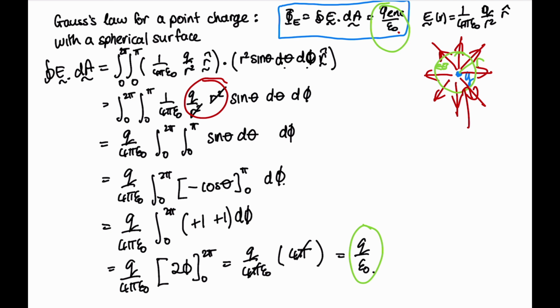So that tells us that it really doesn't matter where in our sphere the charge is, because the flux doesn't depend upon that distance. And so because this is true for a single point charge and it doesn't matter where the point charge is, it must be true for lots of point charges as well. And so we've kind of effectively shown Gauss's law there.